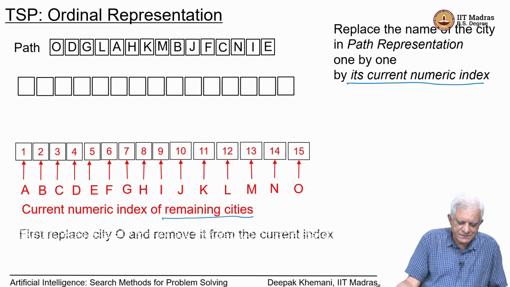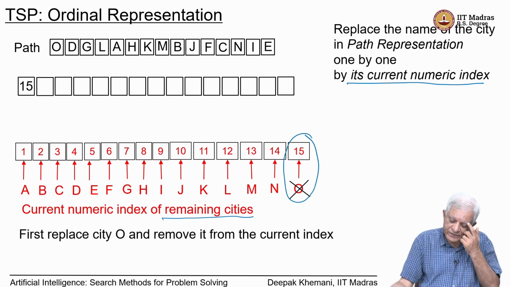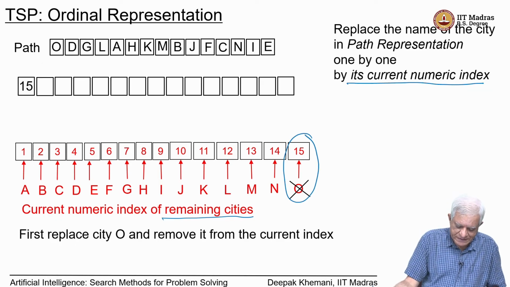We start with O, and we write 15 in the first place in the ordinal representation. Why 15? Because the index of O is 15 essentially. So we are going to represent that here essentially.